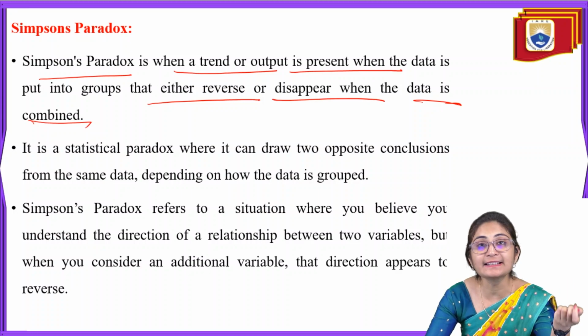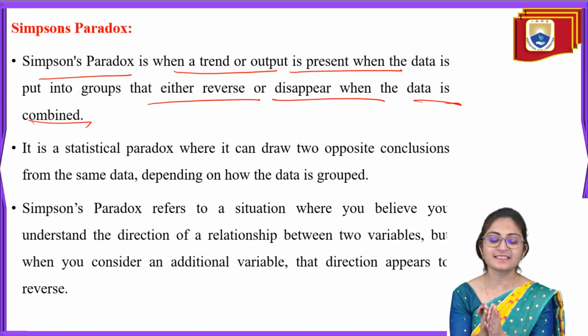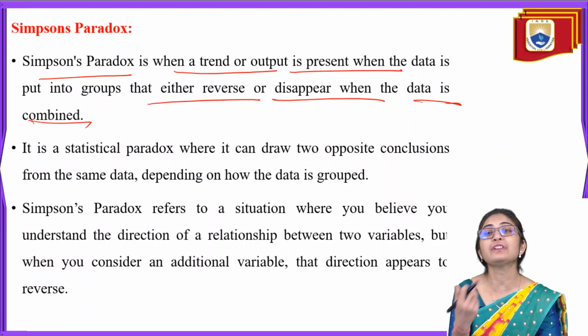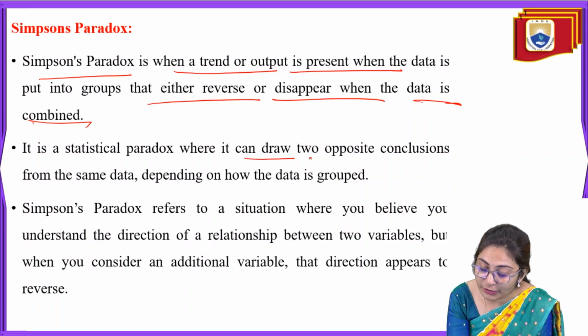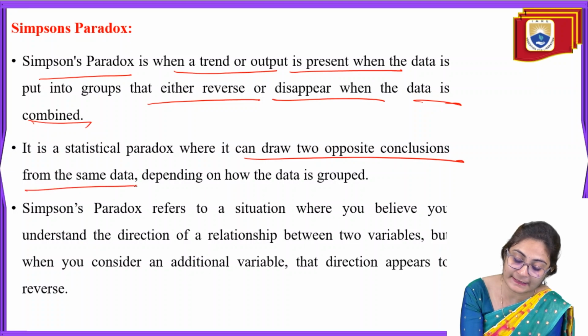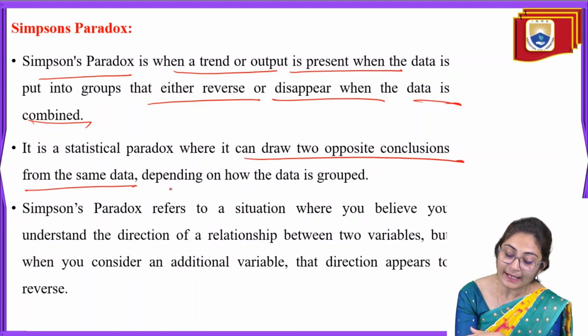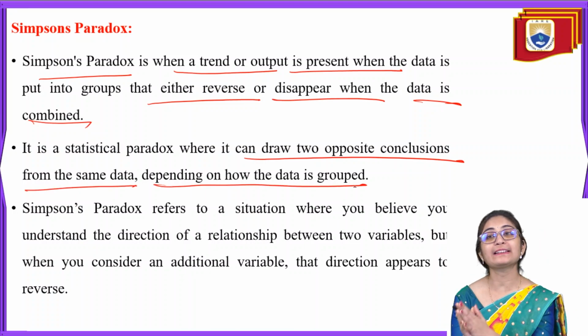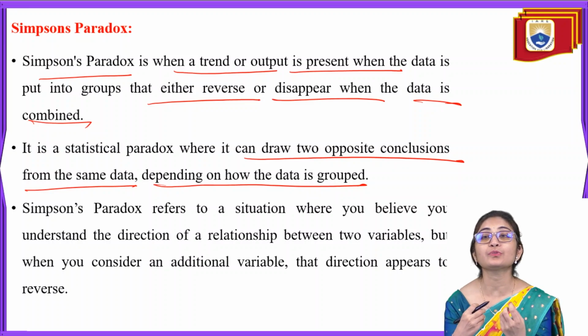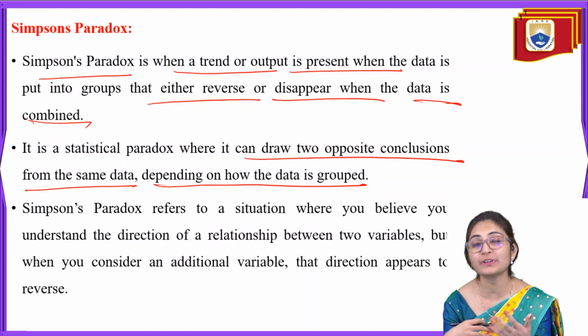Simpson's paradox is just a statistical paradox, and it can draw two opposite conclusions from the same data depending on how the data is grouped. Sometimes for particular data we get two or more conclusions.